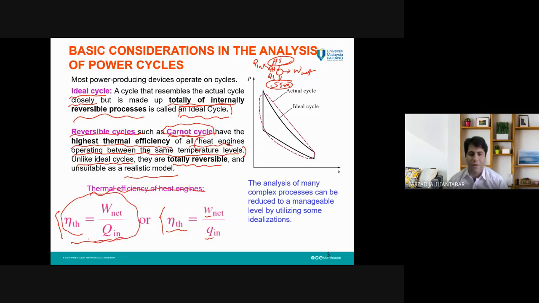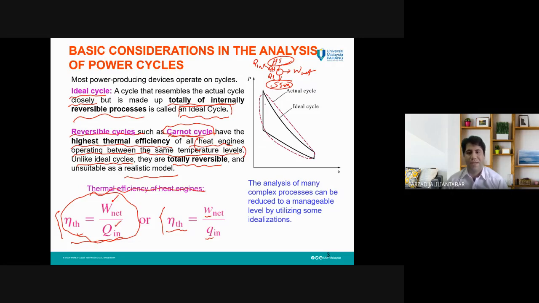For example, to have the thermal efficiency of a real cycle, we need to use this equation. It will give us the complete or real amount of the thermal efficiency. But as I said, it is not always easy to find, for example, W net or Q in.